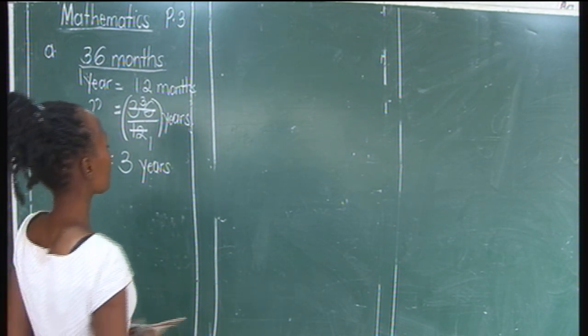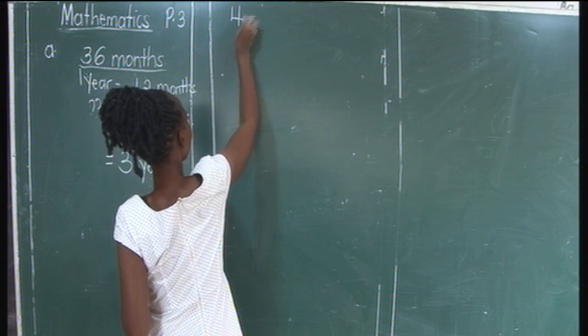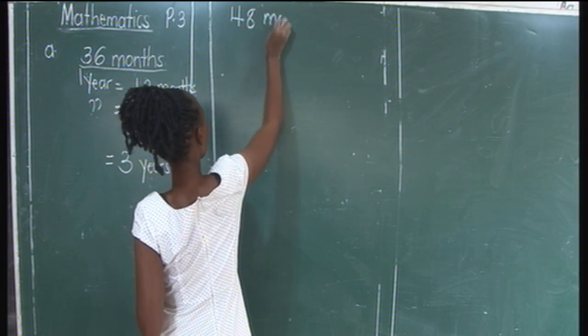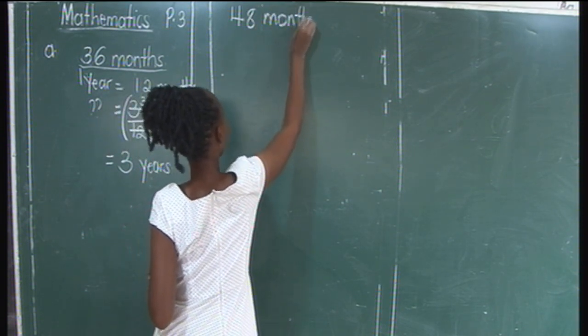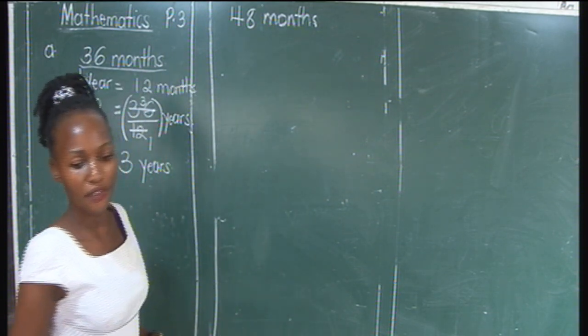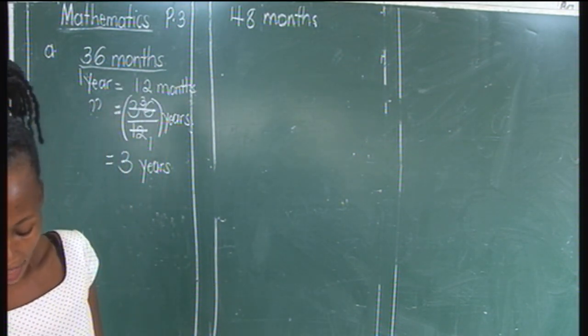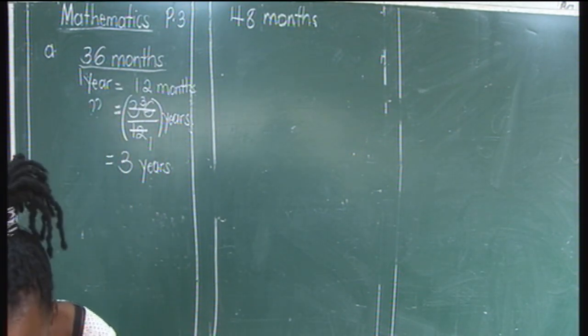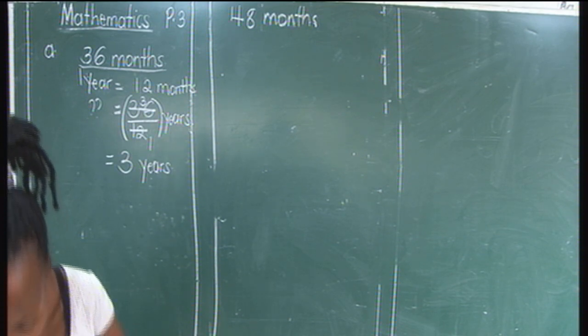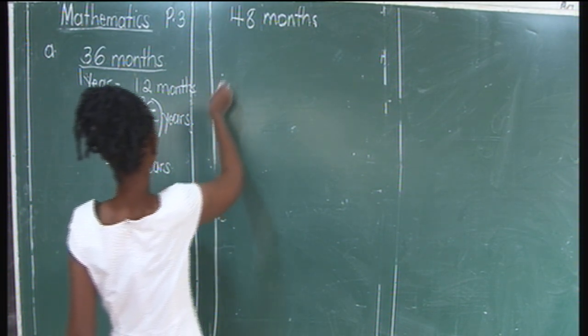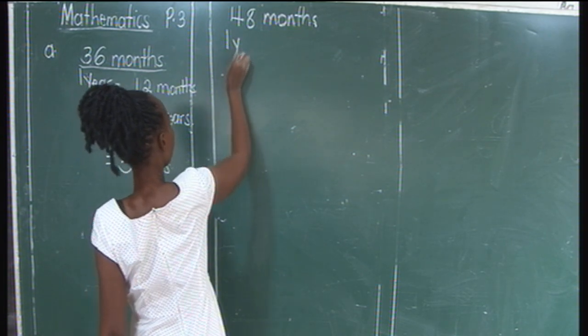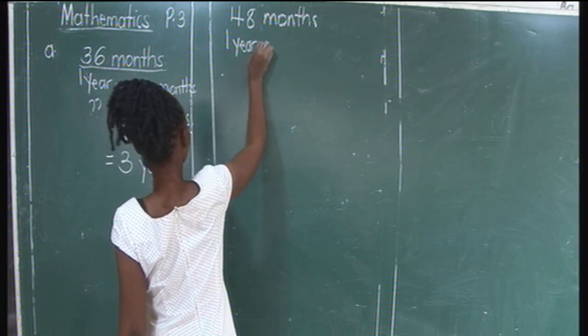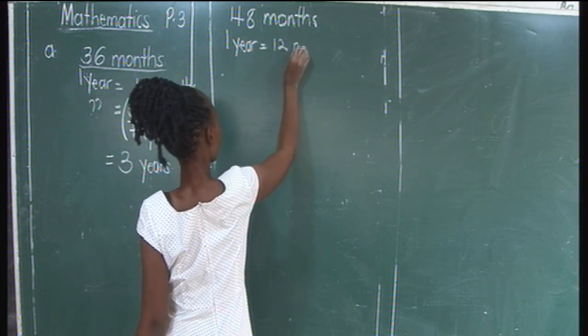Part B, we have 48 months. We need to know how many years are in 48 months. Still, as we said, 1 year is equal to 12 months.